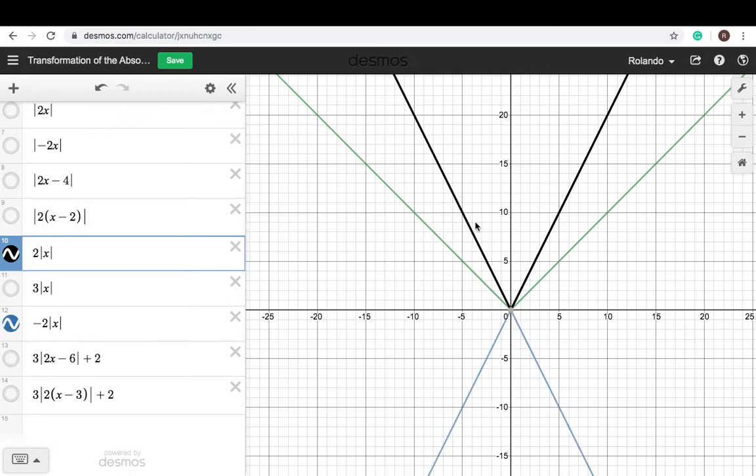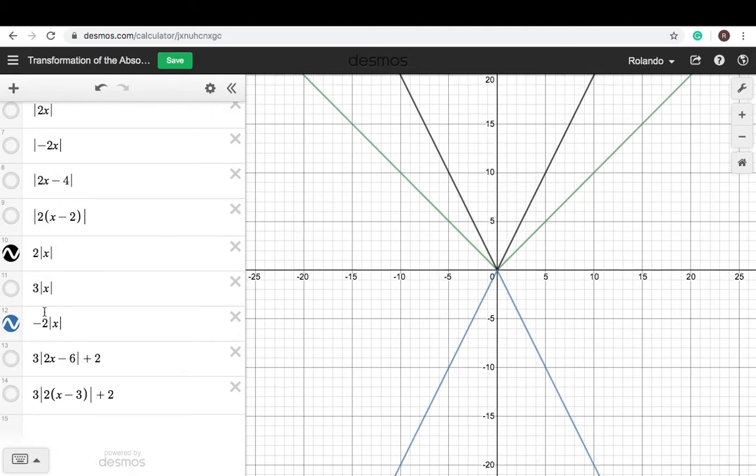Look at what happened. You have this dark graph at the upper part, and then the negative 2 reflected this graph to form this graph at the bottom. That is because of this negative sign.